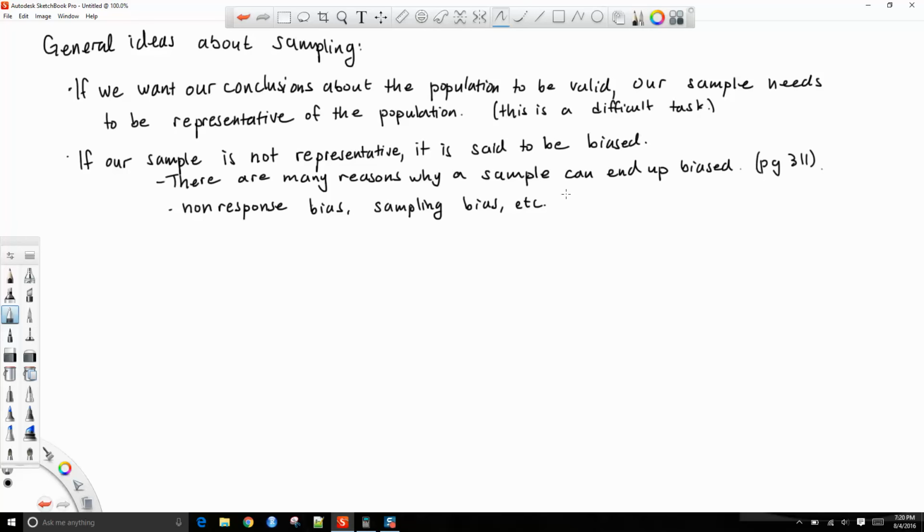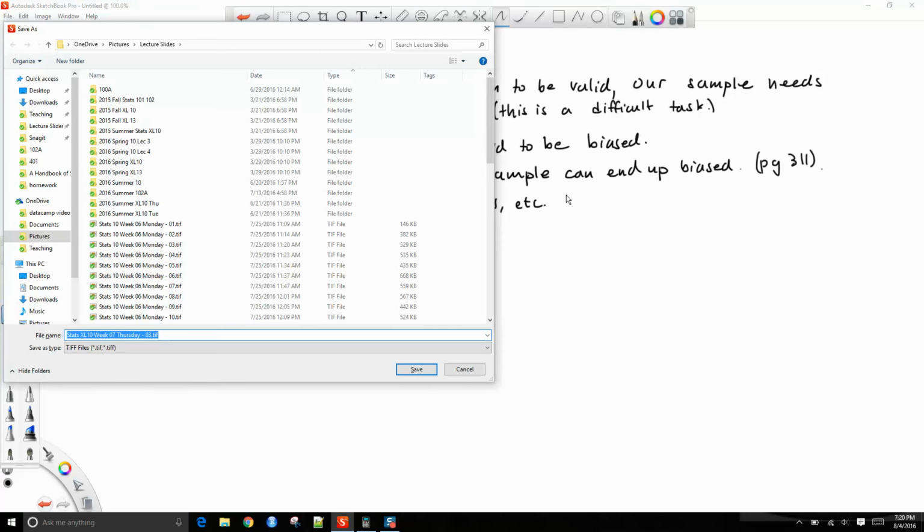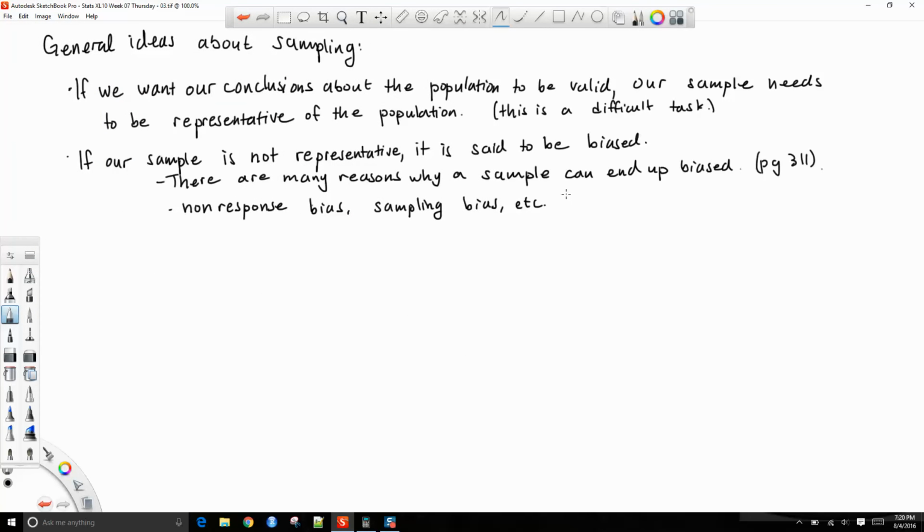So, if you were to survey people about their political opinions, depending on the way you phrase the question, that can skew your results. Depending on when you conduct your survey, if you call people's houses in the middle of the day, that's going to skew your results because you're less likely to get people who are working in the middle of the day and things like that.